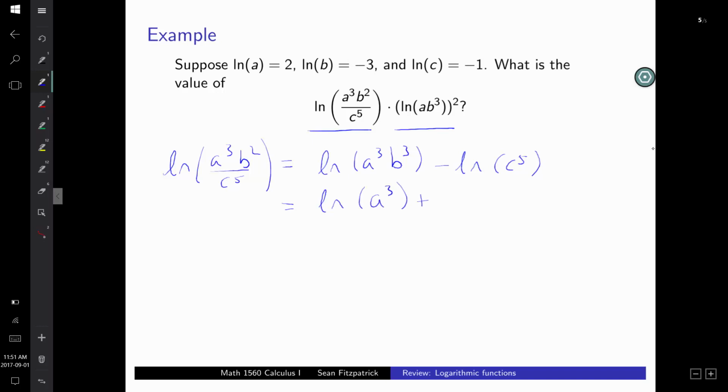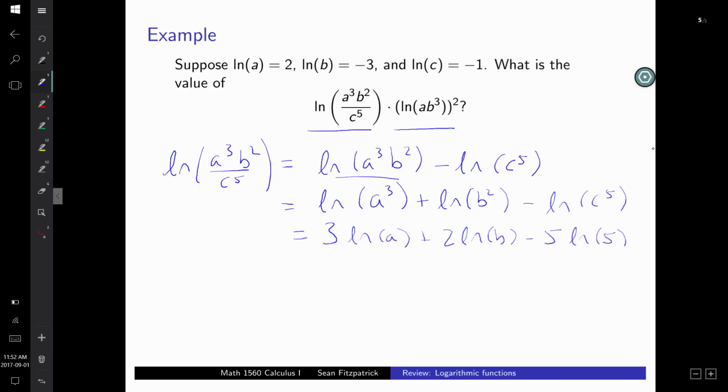Now I use the product rule for this one: the natural log of a cubed plus the natural log of b squared, minus the natural log of c to the 5th. Now I can bring my powers down in front using that third property: 3 log a plus 2 log b minus 5 log c.